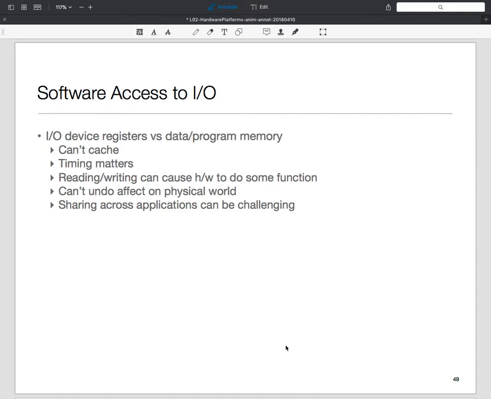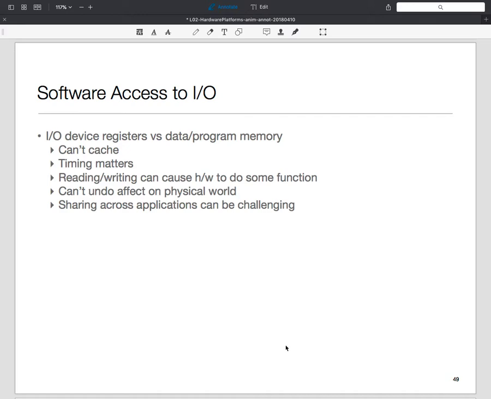In standard memory, when I read or write, that's all that happens. It gives me the data value or writes the data value. There's no side effect. Whereas in a radio, writing to a register may result in a packet going out over the air, or in a sensor, reading from a register may cause it to read a value. Can't undo the effect on the physical world. If I got the robot arm to smash into the wall, I can't undo it. And then sharing can be challenging.